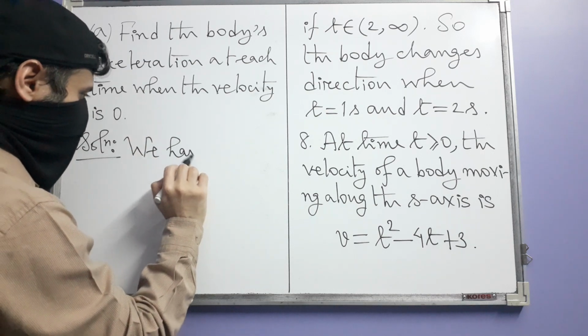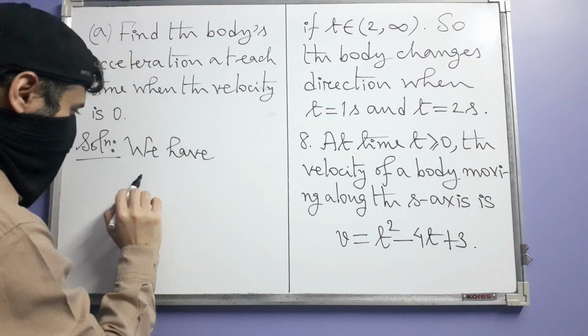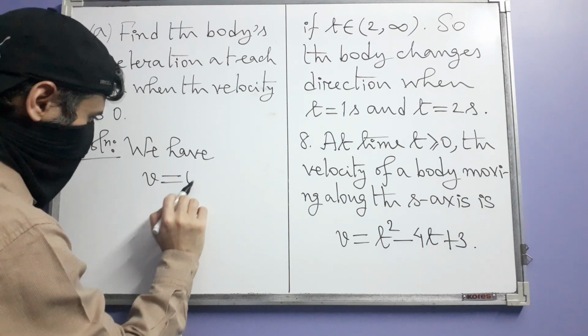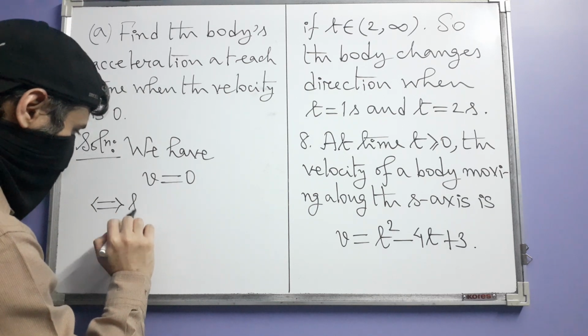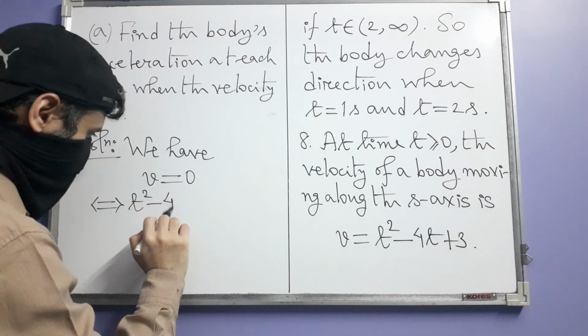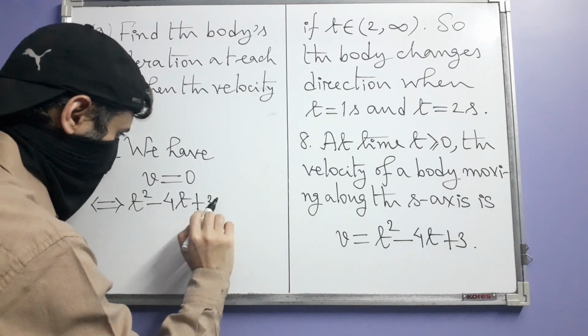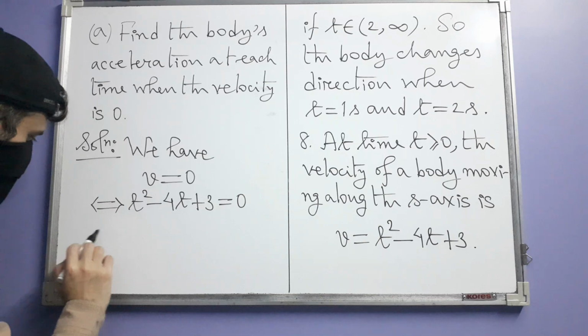We have v equal to 0 if and only if t square minus 4t plus 3 equals 0.